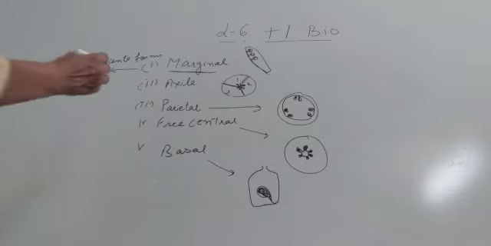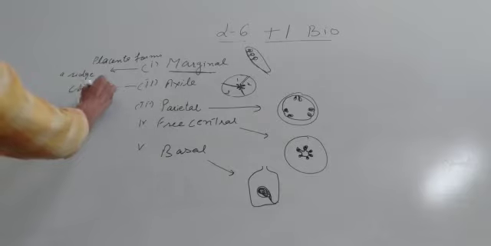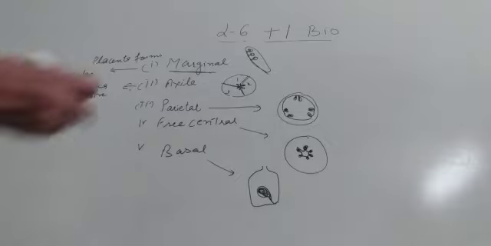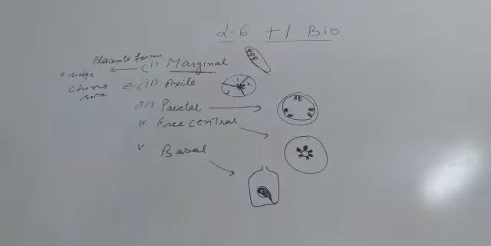The example in this case is China rose. And next is parietal. The ovules develop on the inner wall of the ovary, on the peripheral part. This is the ovary, and the ovules are grown on the periphery. So this type is called parietal placentation.